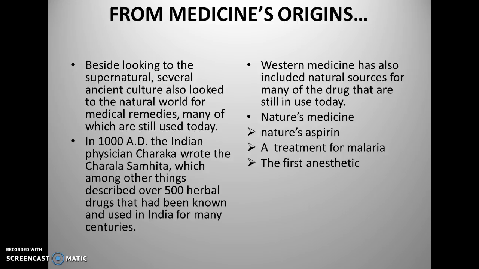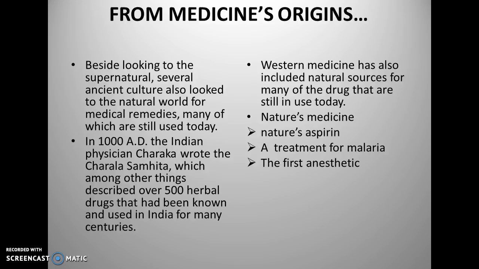And then the first anesthetic was found by the Indians of the Andes, and they found that when they chew coca leaves, it had a medicinal effect in relieving pain. And cocaine, in essence, became the first anesthetic that was used.